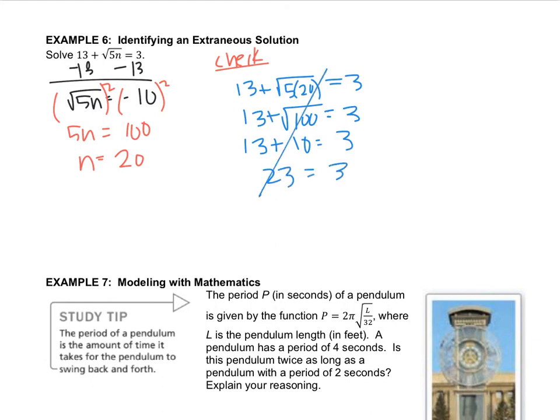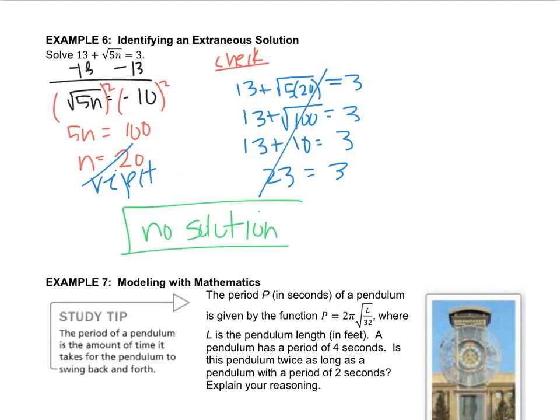So 20 doesn't work, and we reject it. Since there's no other number to give as the answer, unlike the last question where one answer worked and one didn't, the only number we got didn't work. Since that answer got rejected, we say there's no solution. The math wants there to be a solution, but when we checked it, sadly, it didn't work.